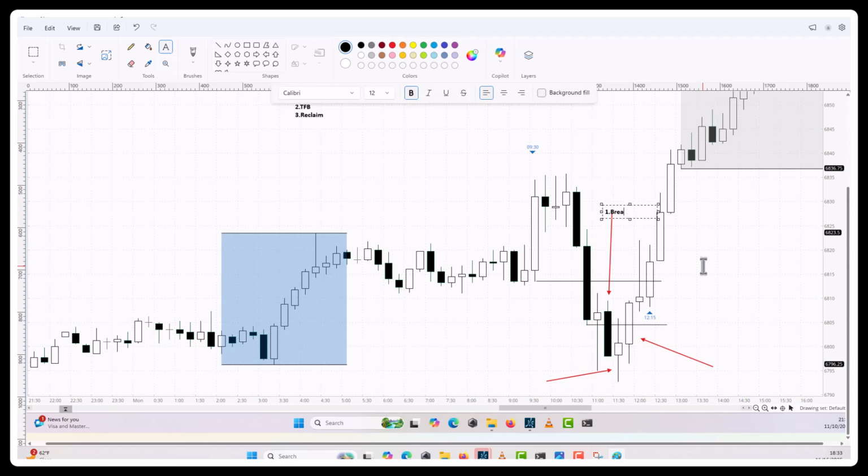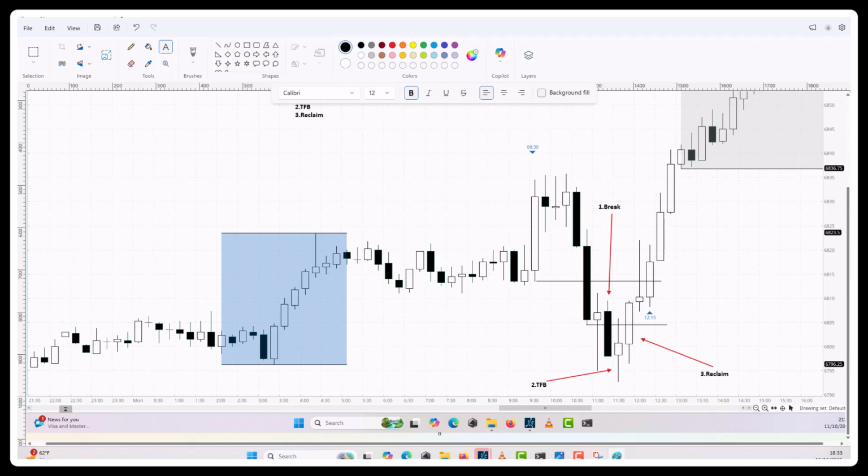So actually Monday you have a very beautiful setup right here. And this one is test from below. And this one is reclaim.